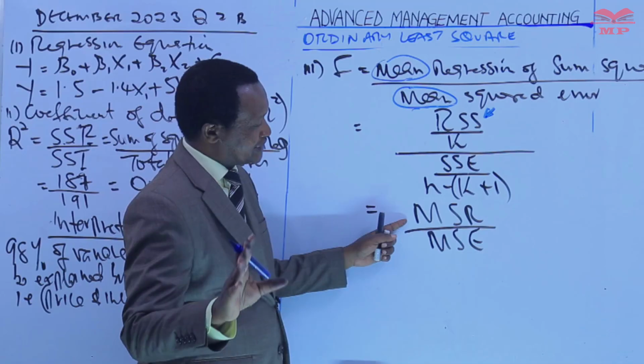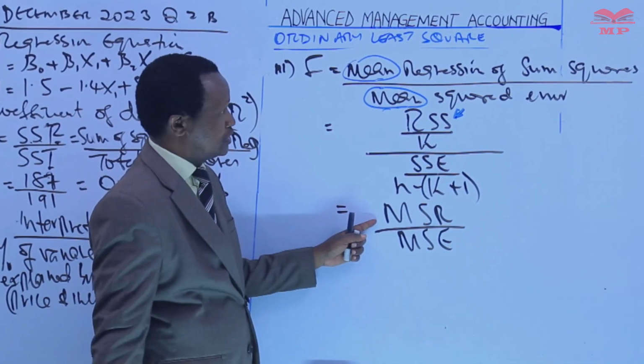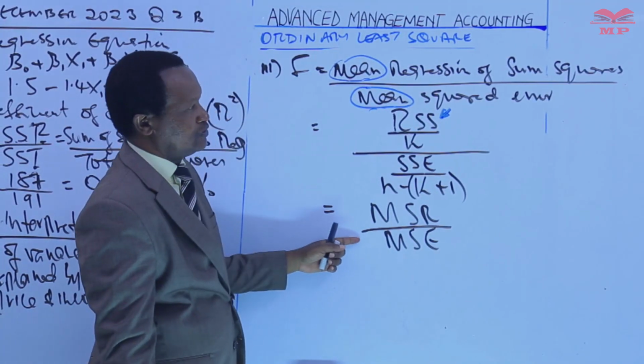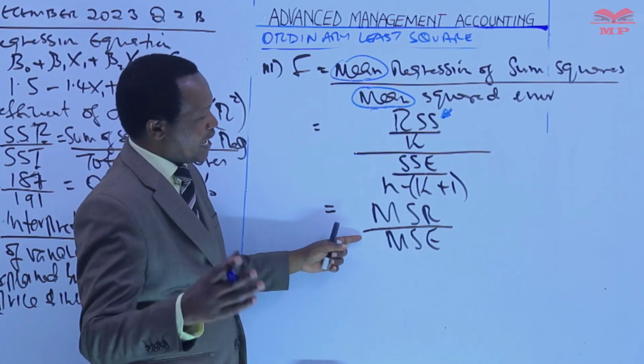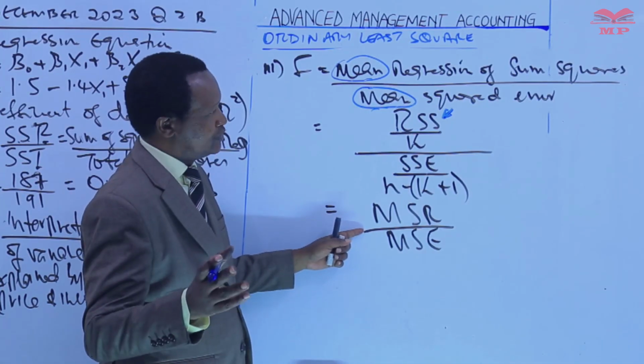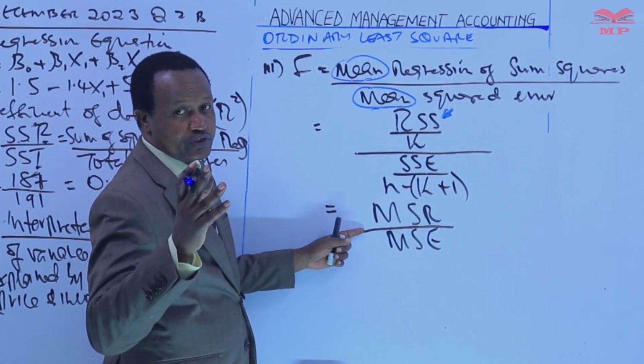Now, MSR is the mean regression sum of squares.